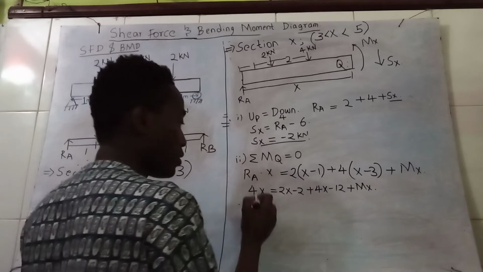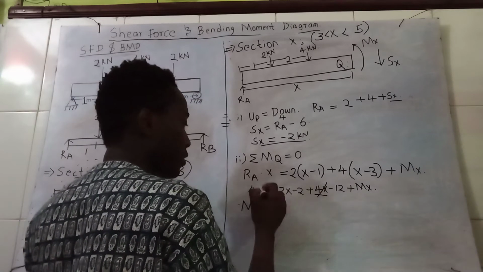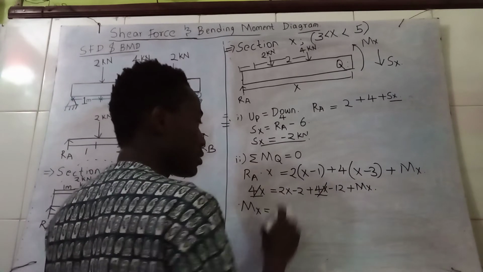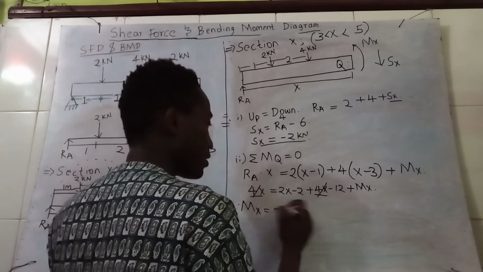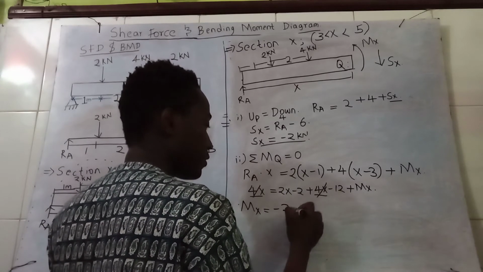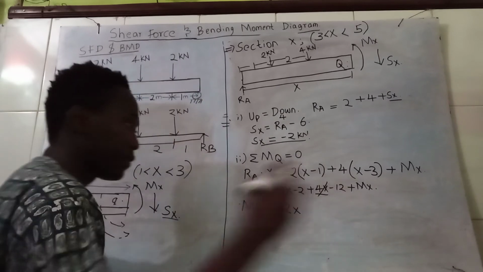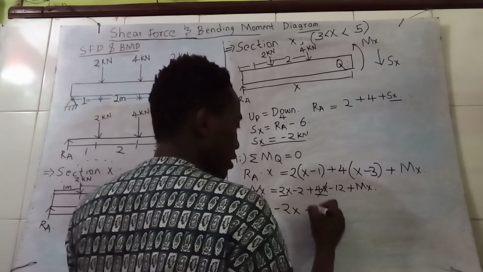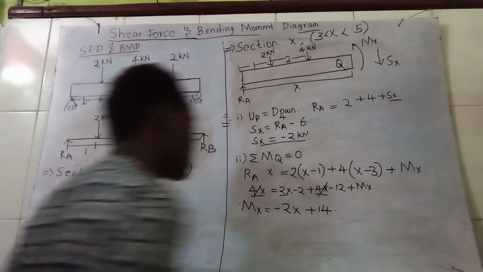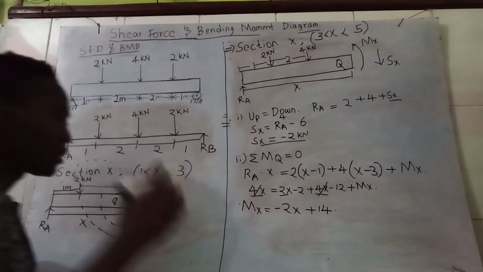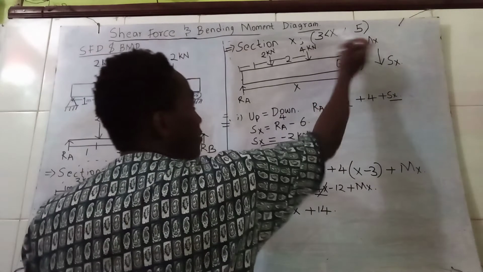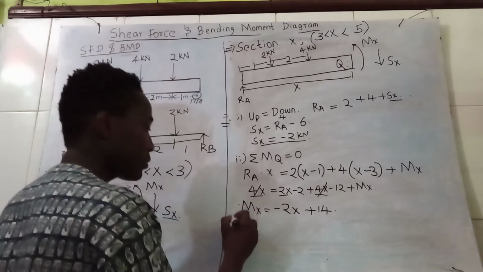Mx is equal to 4x minus 4x, that cancels out. Then I'm left with negative 2x, then negative 2, negative 12, negative 14, going to the other side, plus 14. Then our limits are 3 and 5.